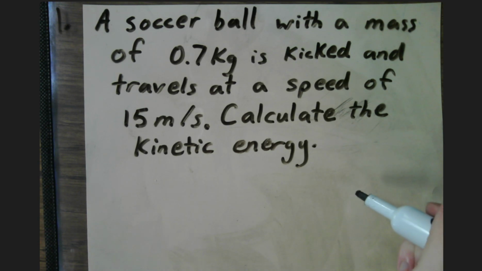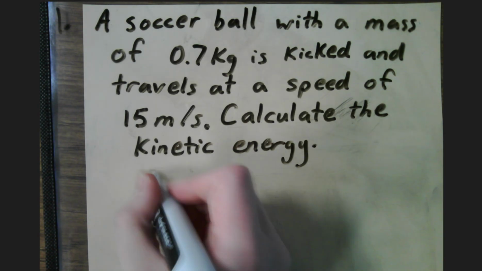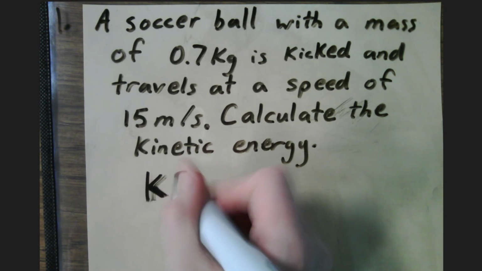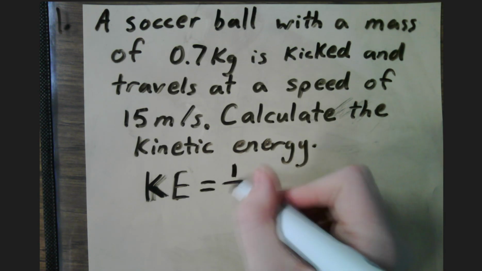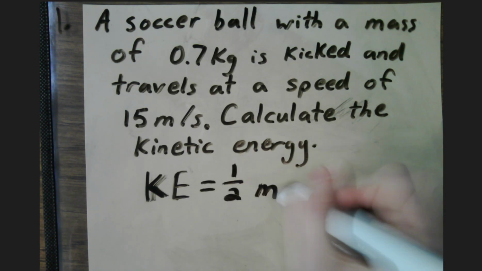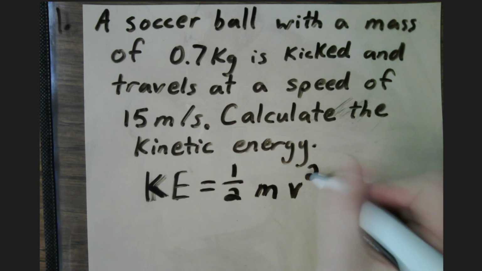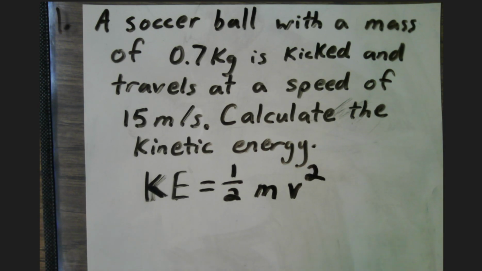So let's start off with our formula first. To find kinetic energy, we are going to use the formula kinetic energy is equal to half mass times velocity squared. So let's find those in our problem. Our mass, I'm going to label with blue.